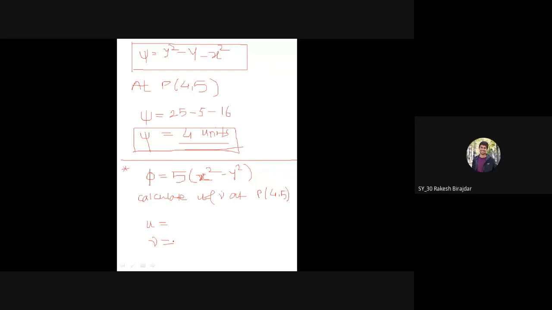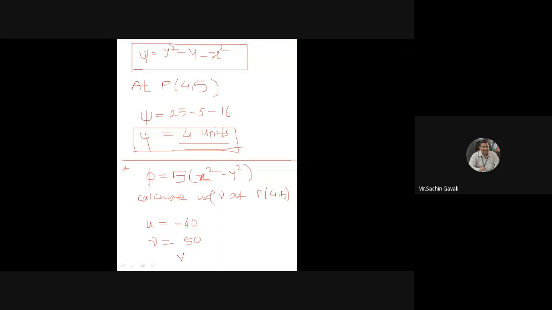u is equal to minus 40 and v is equal to 50. So such kind of numerical they may ask for 2 to 3 marks, 2 marks at least.